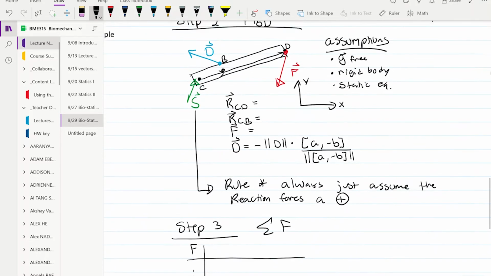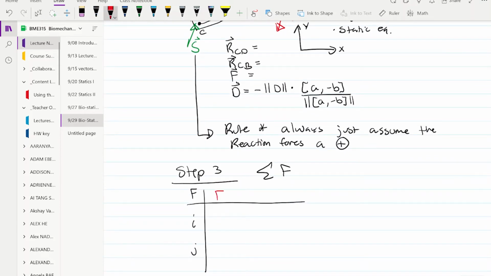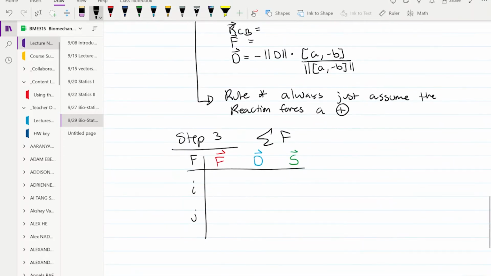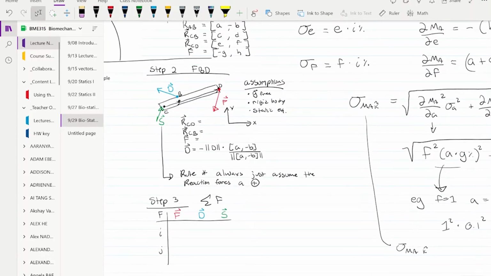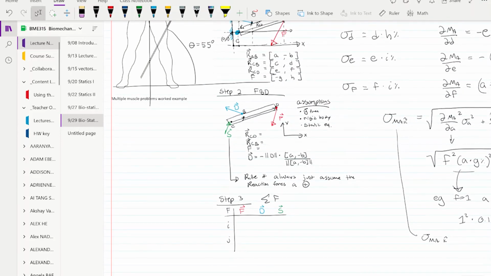So let's say this is F, D, and S. We make our table like this. Remember I told you F is going to be negative GH. All right, let's make everything real easy here.